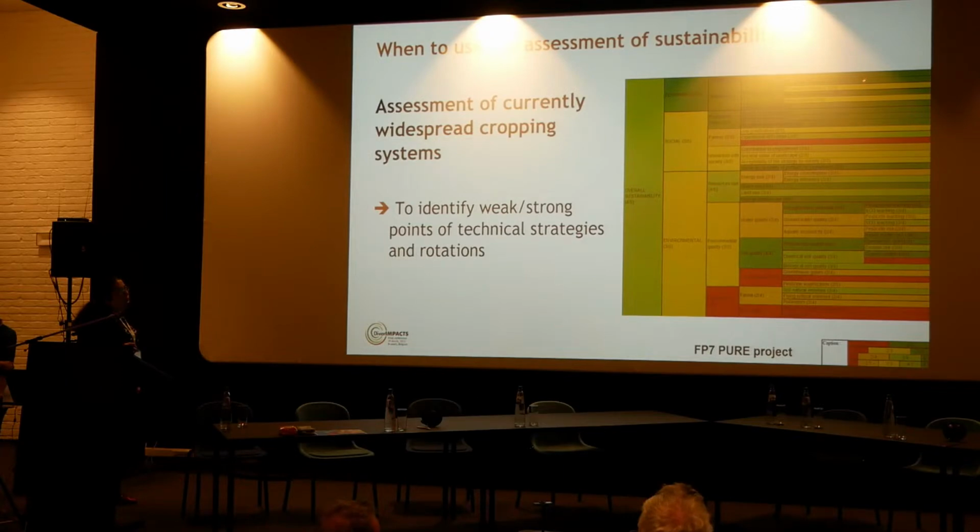Then after you will have all the notes, all the evaluation for the basic criteria that explain the construction of your environmental pillar, the social pillar, and the economic pillar. In this case, when you are discussing with a farmer, it's very easy to discuss what is red, what can be improved, what is already good, and whether there is a lever for improvement or not. So it's an assessment, and it's a way to identify weak and strong points of technical strategies on rotation.